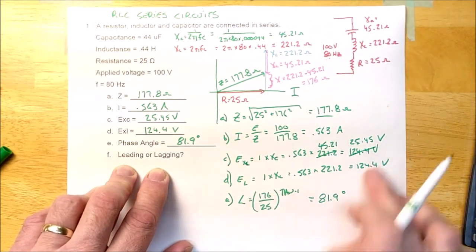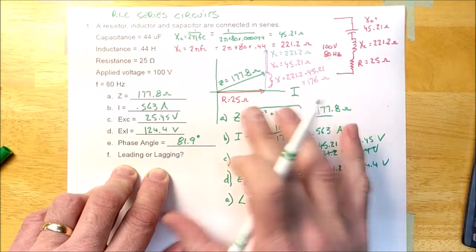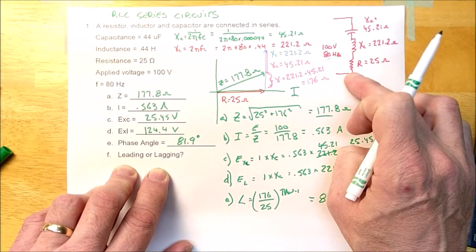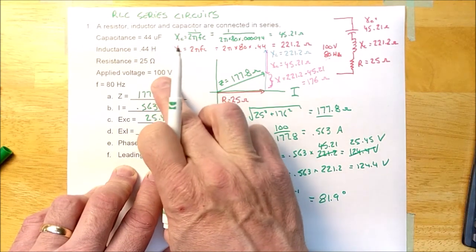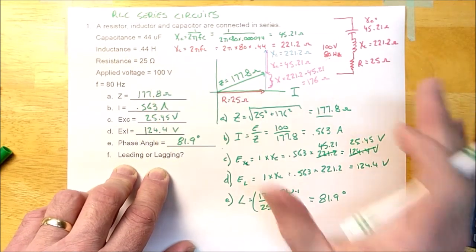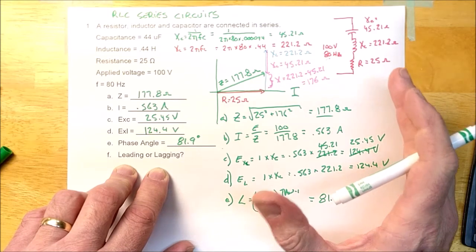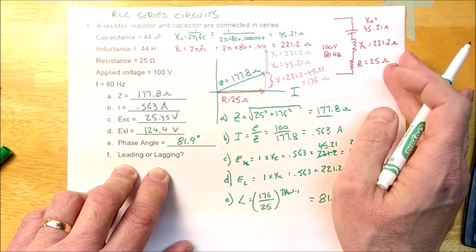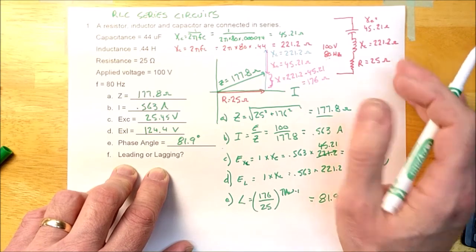There is a voltage phasor diagram for this circuit. We haven't drawn it, but the sum of the voltage drops will equal the voltage rise, just like any series circuit. So if you happen to have a voltage phasor diagram, you can do it with that phasor diagram as well.